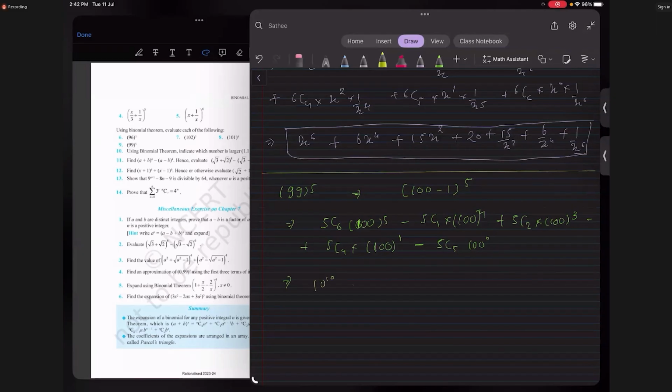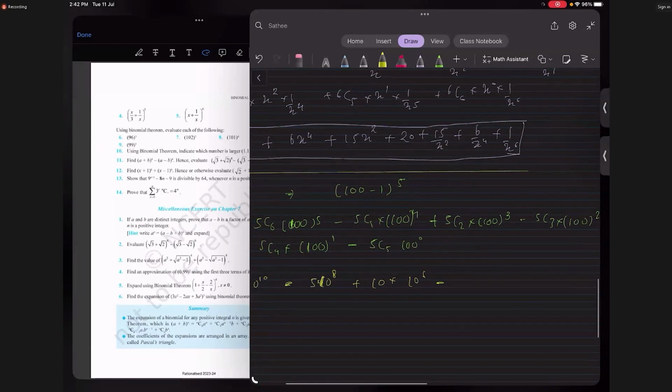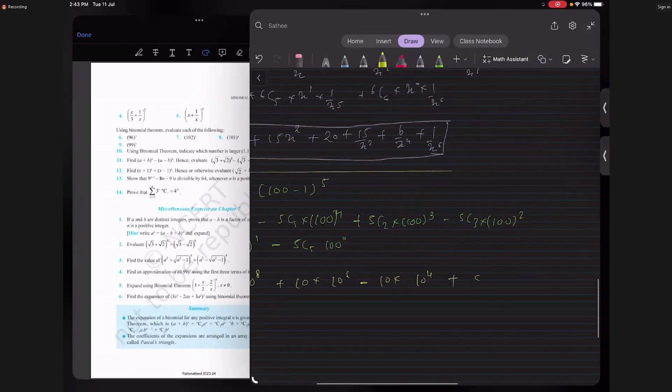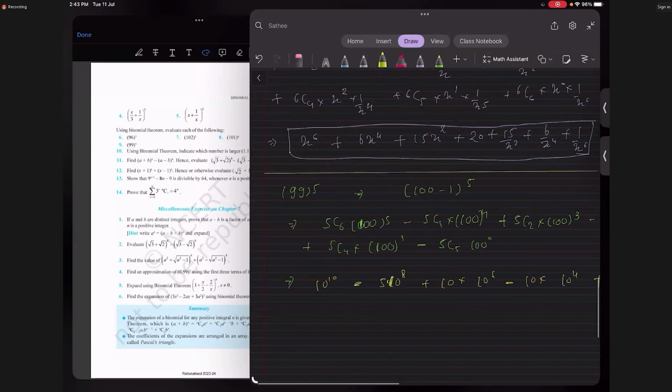So this will be 10 to the power 10 minus 5 into 10 to the power 8 plus 10 into 10 to the power 6 minus 10 into 10 to the power 4 plus 5 into 10 to the power 2 minus 1. Okay. So if we calculate this, it comes to something like 9509004049. Okay.